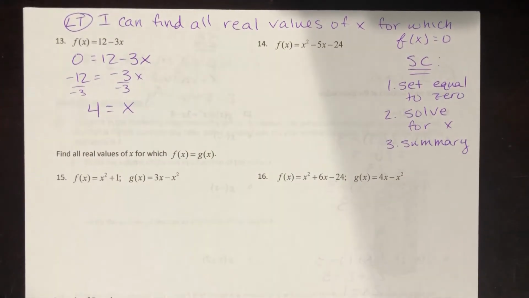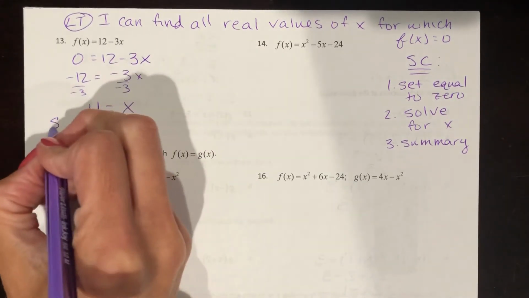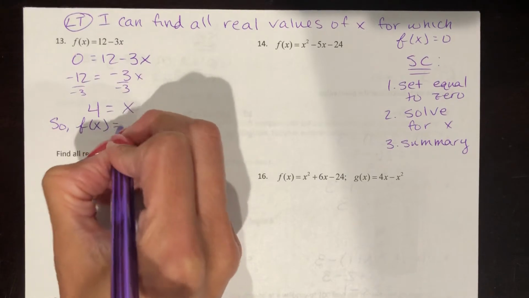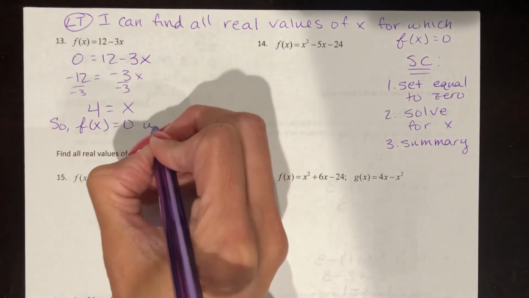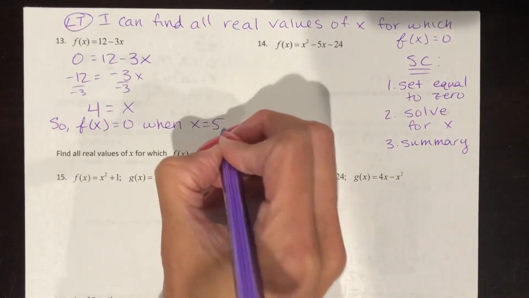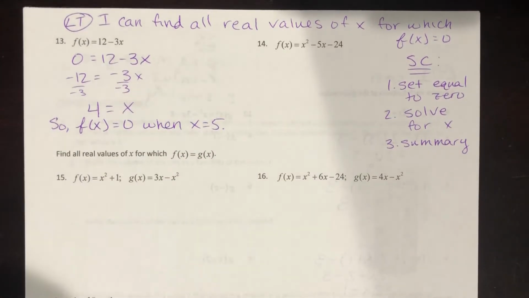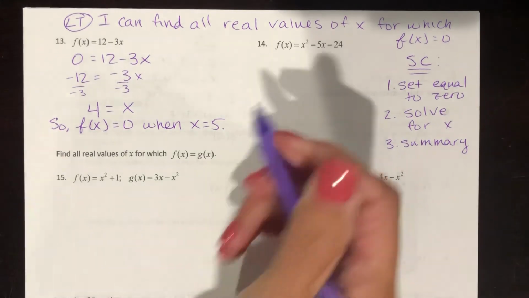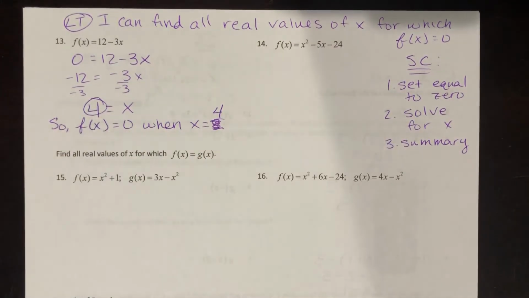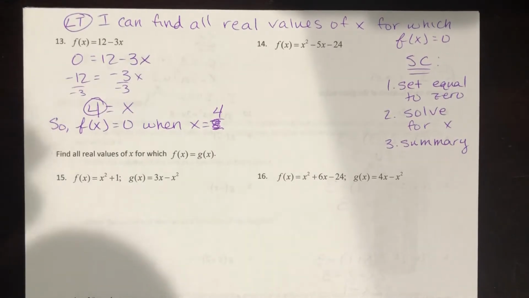So what I can summarize is, when f of x equals 0, that is when x equals 5. Oh, 5, where did that come from? 4. Whoops.